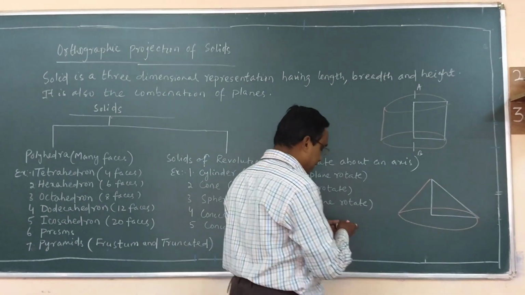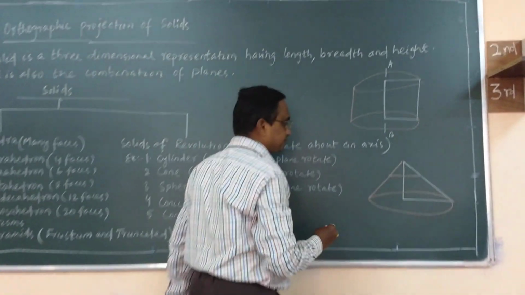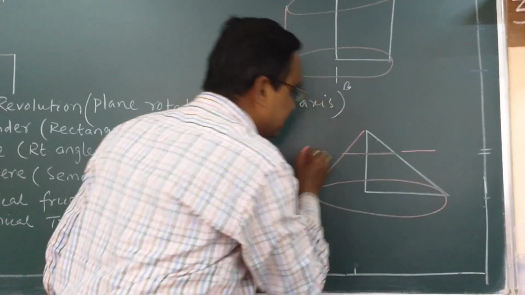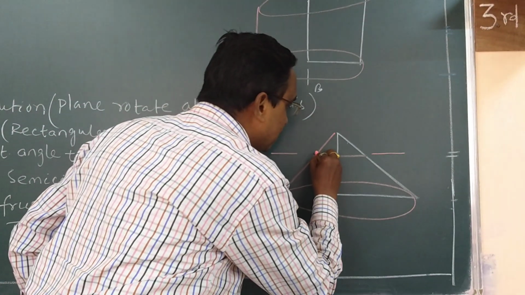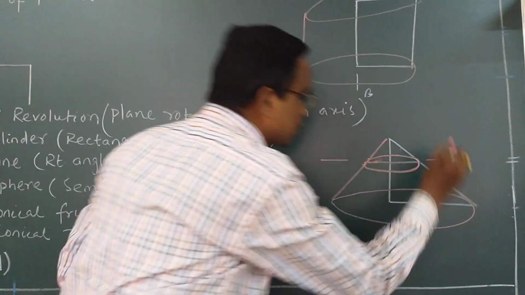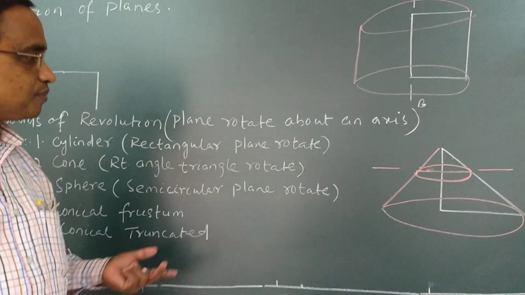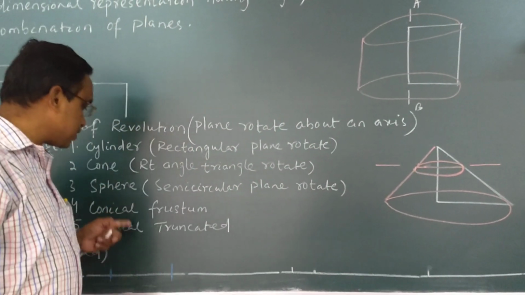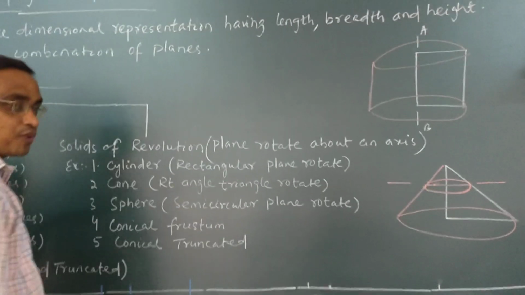When the cutting plane cuts the solid parallel to its base, then the top part is removed, and the remaining part of the solid is called frustum. If the parent body is a pyramid, that is called pyramidal frustum. If the parent body is a cone, it is called conical frustum. Conical frustum belongs to the solids of revolution group, but pyramidal frustum belongs to the polyhedra group.